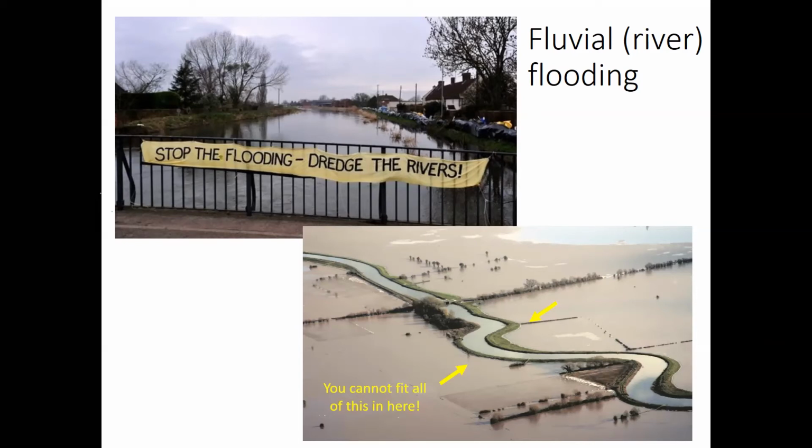But even with this high volume of water, even if these rivers were dredged, it would not be possible to fit that volume of water within those channels. Of course, there's a strong argument for doing this, and there's lots of very valid reasons how dredging can help, as well as some negative impacts. But humans can have a large impact on flooding, and it depends on a large scale of factors.